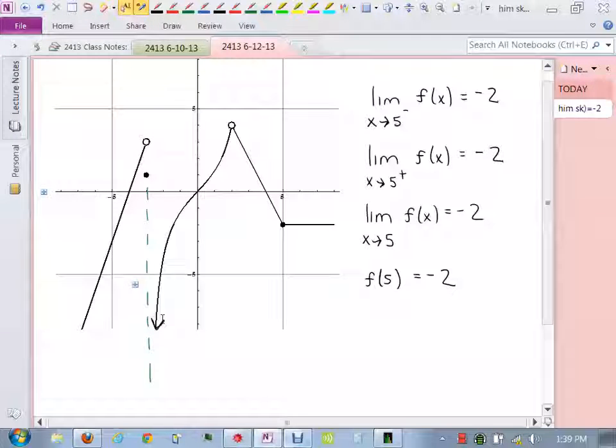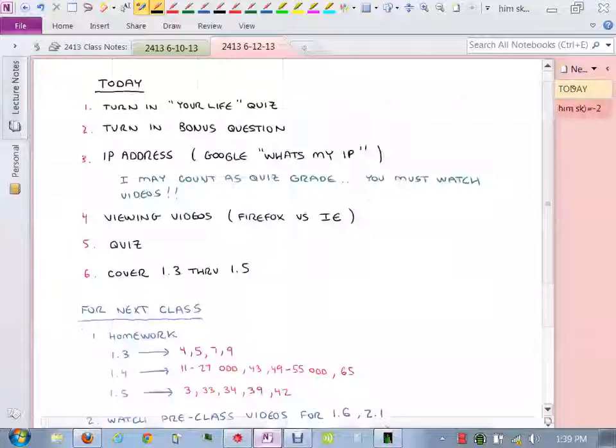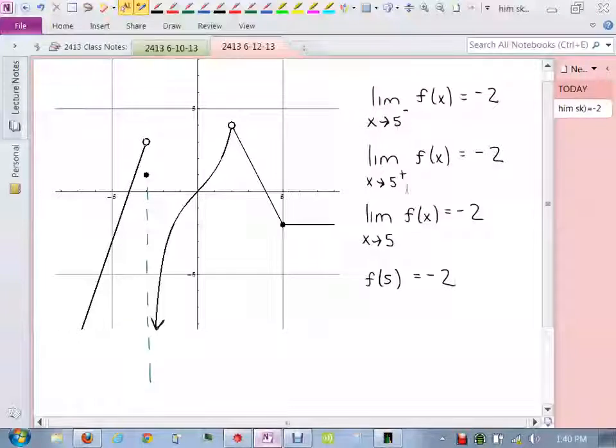All right, let's get back to today. We did the quiz, and now we're going to finish up 1.3. What I just showed you was kind of me doing 1.3. The important thing about this whole quiz was the notation, what all this notation means, and the left and the right.